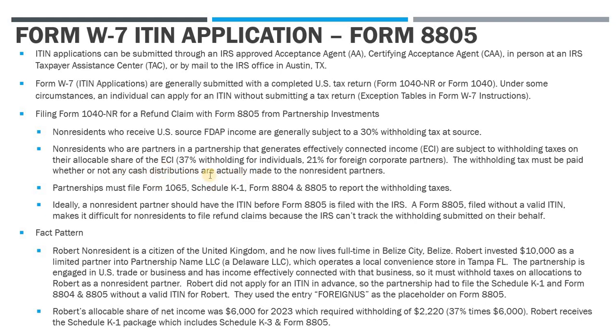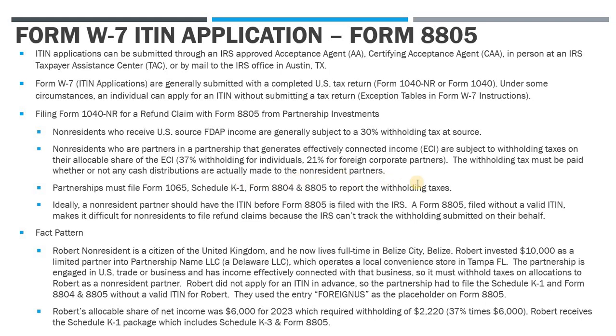Now, the withholding rates for this type of income is 37% if you're an individual, so a non-resident individual, and if the partner is a corporate entity, it's a 21% rate. Now, what's important here is this withholding tax has to be paid whether or not any cash is actually distributed to the non-resident partner.